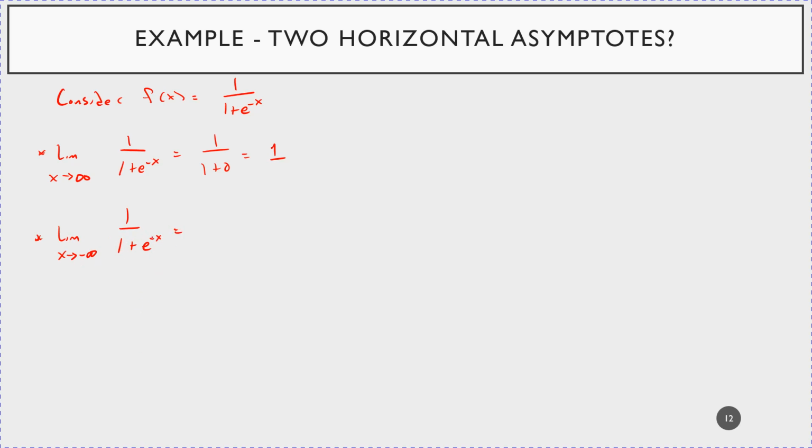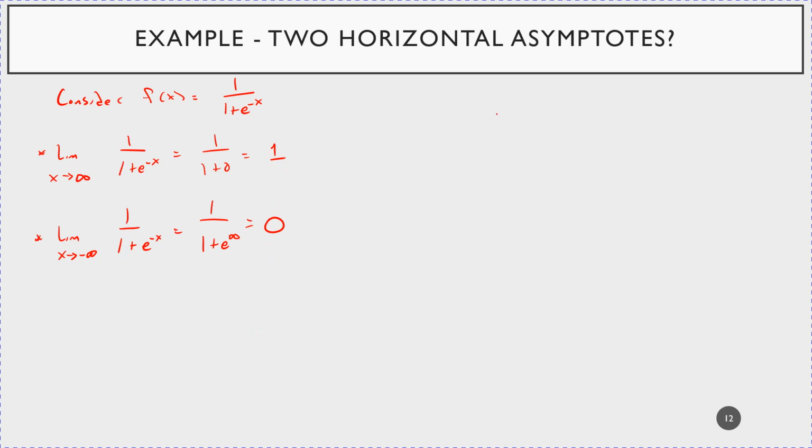Well, if you plug in negative infinity here, you get negative negative, which is a positive. Well, e to the infinity is a really large number, right? It's just increasing without bounds. So if you take 1 and divide it by a really large number, this function is going to 0, okay? So this is crazy. This function has 2 different horizontal asymptotes.